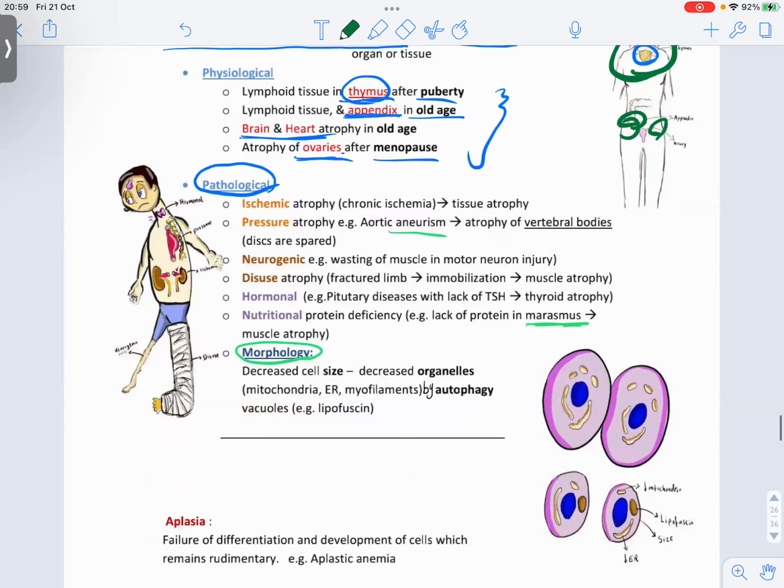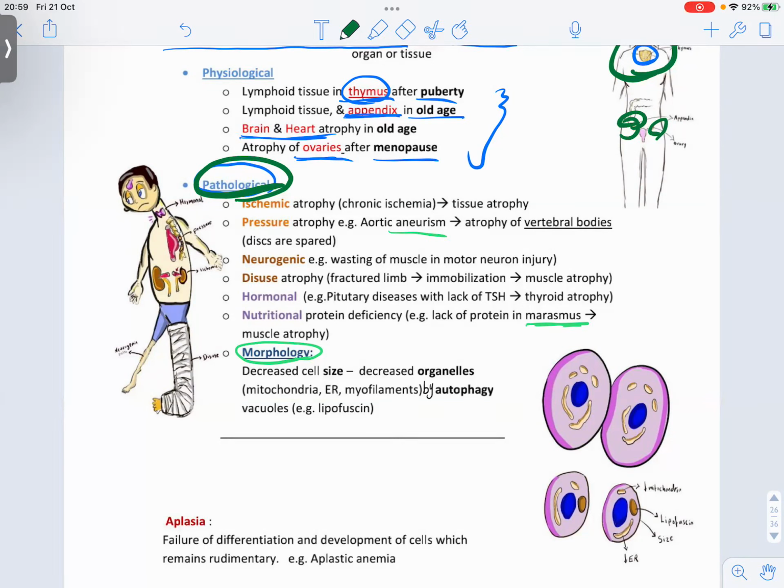And also we talked about pathological: ischemic atrophy like renal stenosis, pressure atrophy like abdominal aorta aneurysm, neurogenic atrophy when you get a cut in some nerve, and disuse during fracture when you don't move your muscle for a long time, so you start to get muscle atrophy.